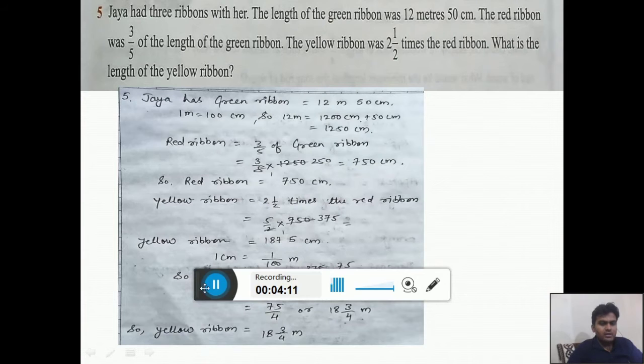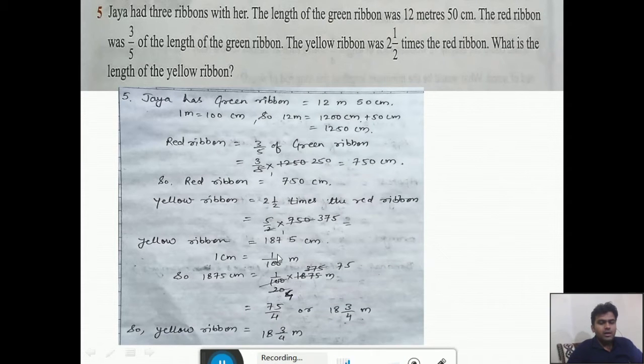Now this answer is in centimeter, and we can change it into meter by dividing by 100, because we know 1 centimeter equals 1/100 meter.